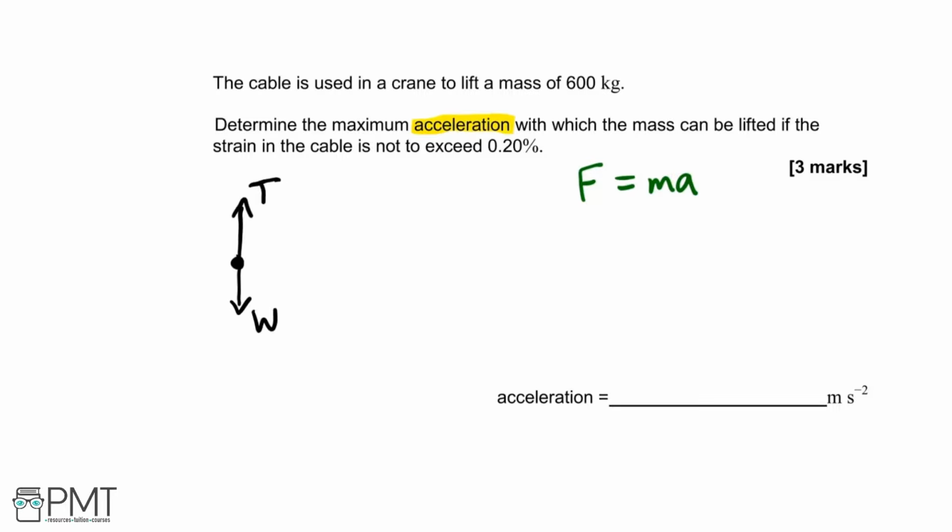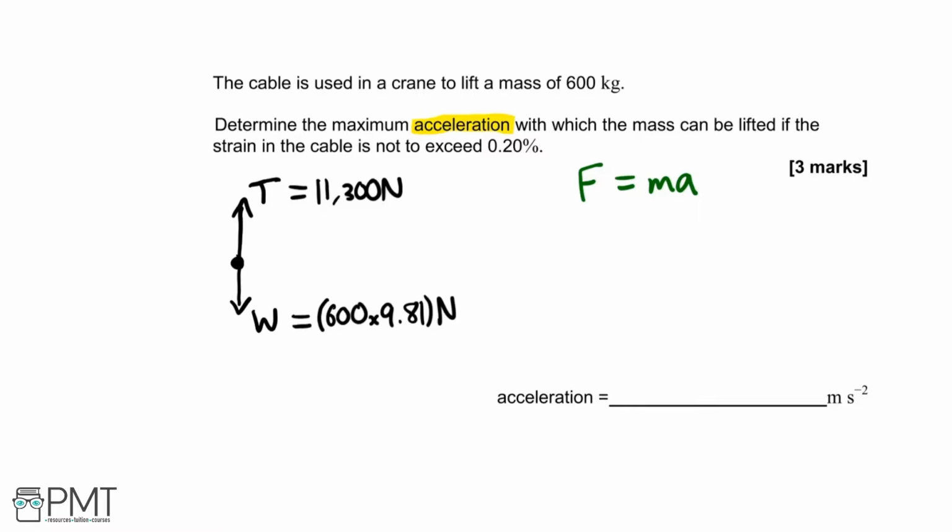And what I've done there is included the tension in the cable, which is 11,300 newtons, and the weight of the mass, which is going to be 600 kilograms times the gravitational field strength on Earth, which is 9.81 newtons per kilogram. So yes, we can use F equals ma, but we need to work out the resultant force first, which should be the difference between these two forces.